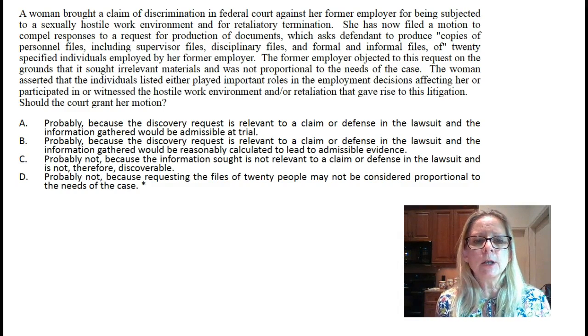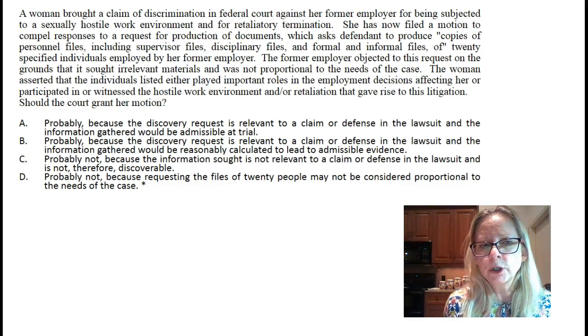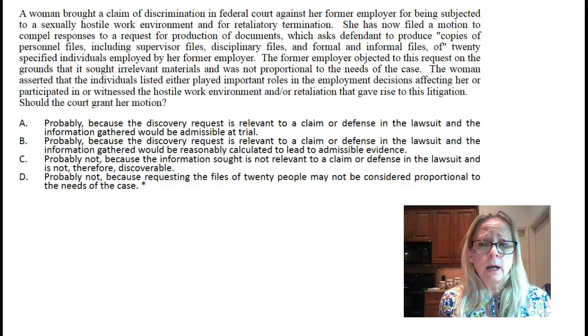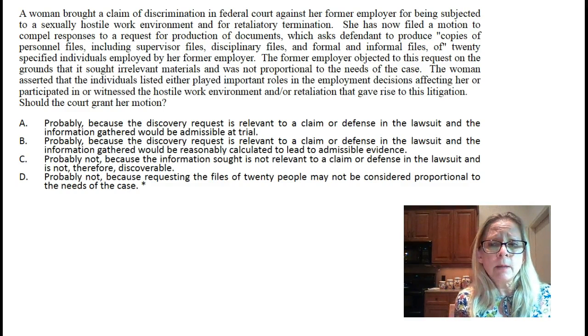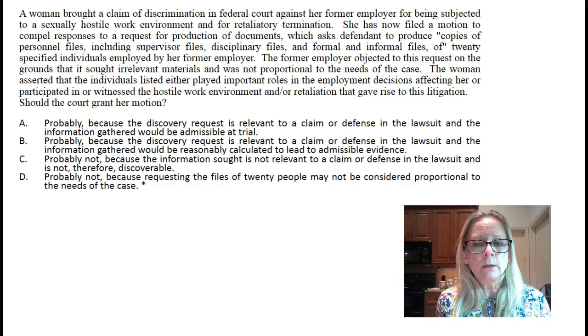D, probably not because requesting the files of 20 people may not be considered proportional to the needs of the case. And so in this climate, I think that requesting all the files of that many people may well raise a red flag.